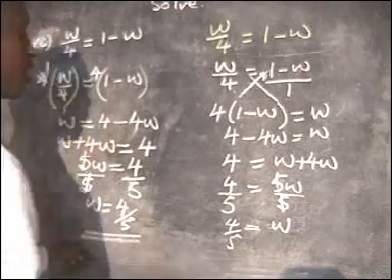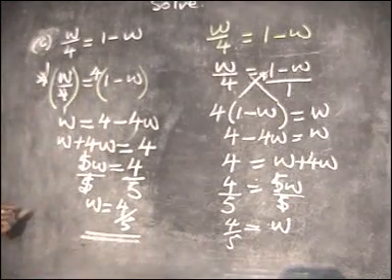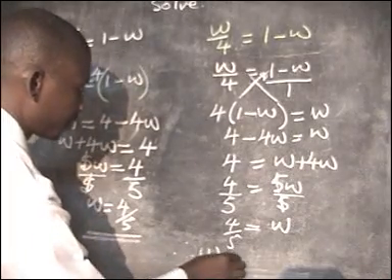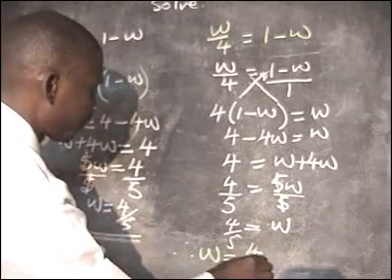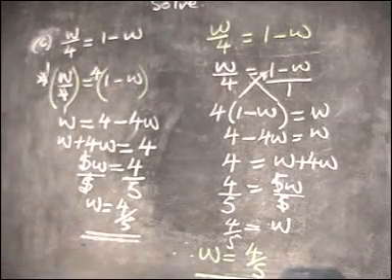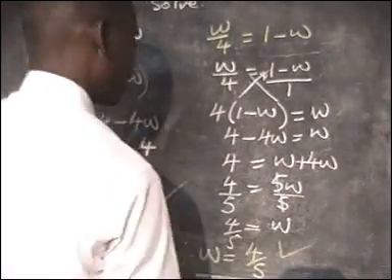If you compare, even in the first place I got W to be 4 over 5. Therefore, W is equal to 4 over 5. I'm sure that is seen. So this is the correct way of doing it.